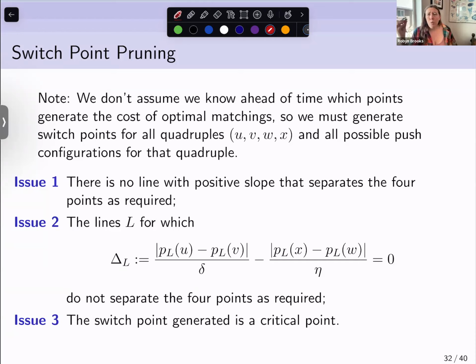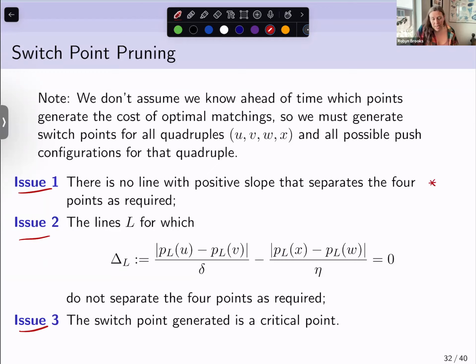So we decided we wanted to prune out sets of points that we know cannot be useful. There may be more sets of these points, but we identified 3 issues that would render a candidate switch point from a quadruple invalid or bad.